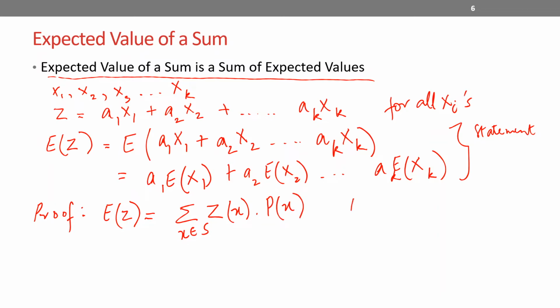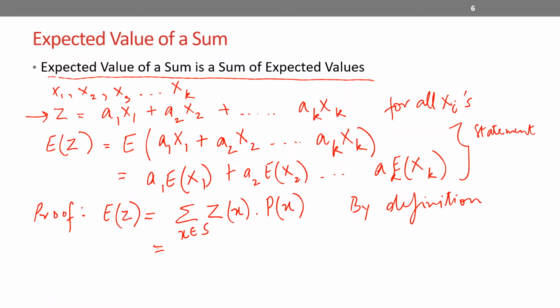So we know that by definition. By definition, this is known to us. Okay, so if we want to expand this, we also know that this is what z is, right? So this is also known to us, that z is a linear combination of all these x's.